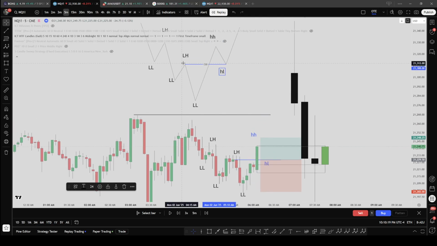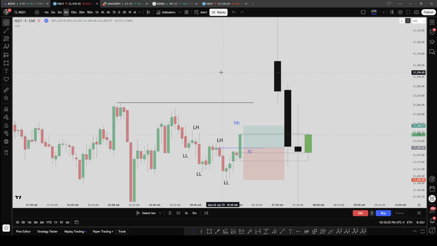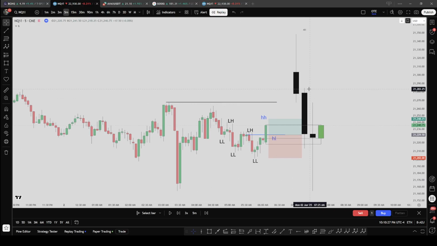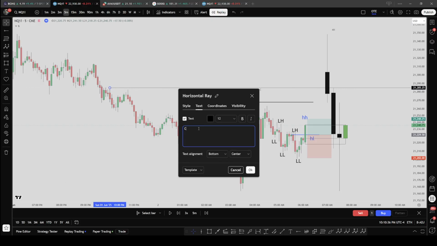Let me get rid of this, just so you see. It would be right here. This is candle 1 high. I'm going to label it C1 high. You can also call it just objective or draw on liquidity.